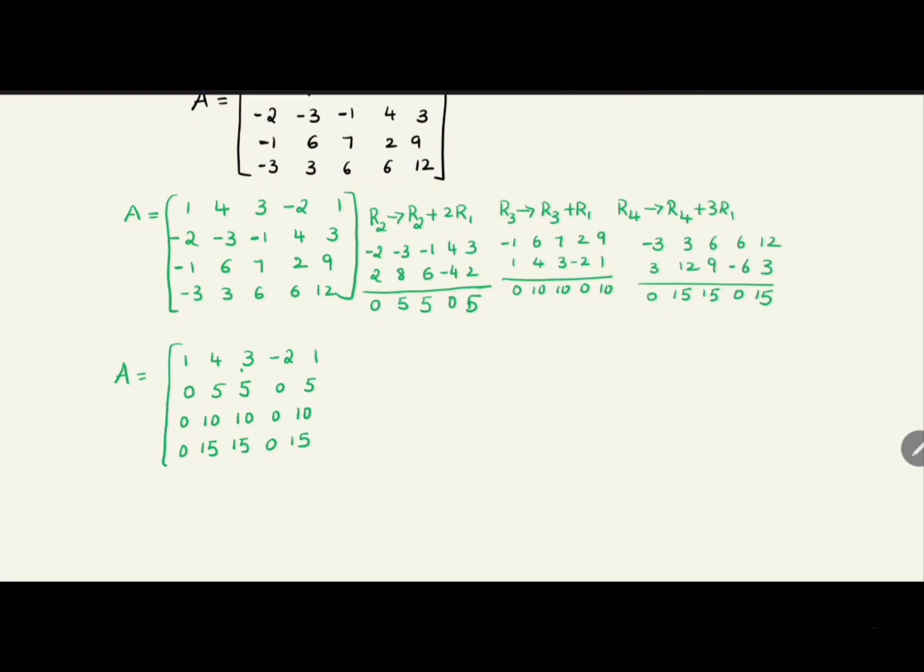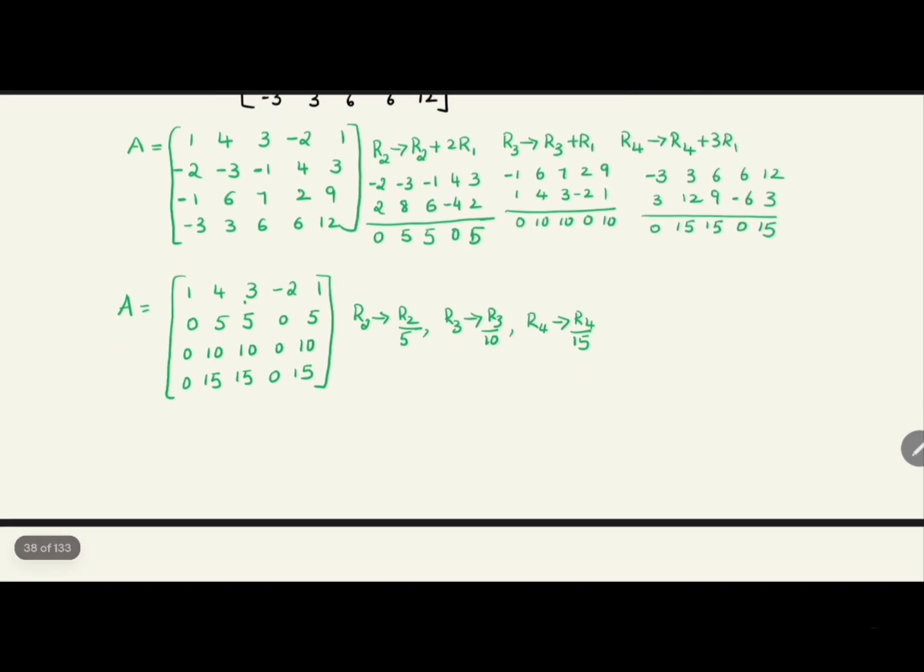Yes, now see here students, before performing step 3, if you observe, we can divide R2 by 5. I will divide R3 by 10 and R4 by 15, so that all the elements will be made 1 and the calculation part will be made easy.